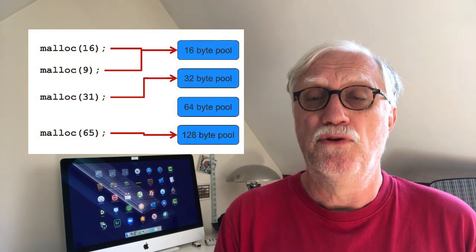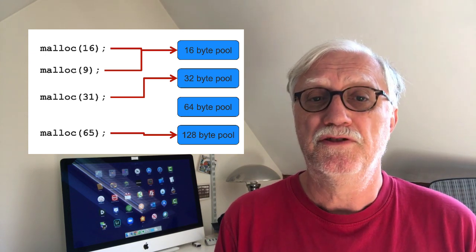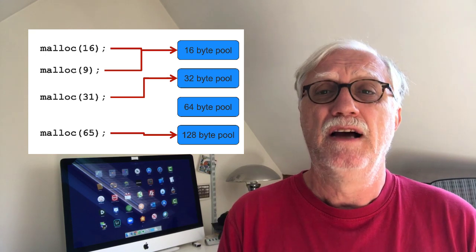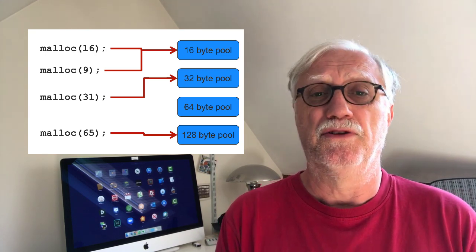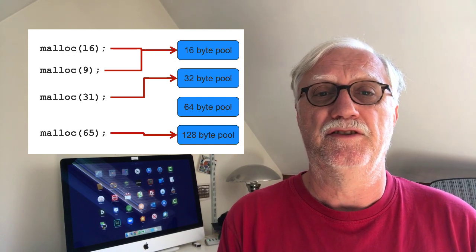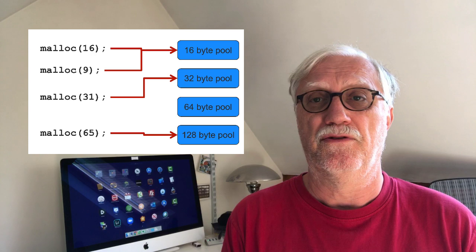So we create a pool of memory blocks of various sizes, a number of pools. And a simple way, if you don't know how much memory you're going to need and you just want to make it as flexible as possible, you simply create a number of pools of geometrically increasing sizes, so 16, 32, 64, 128 bytes, and so forth.